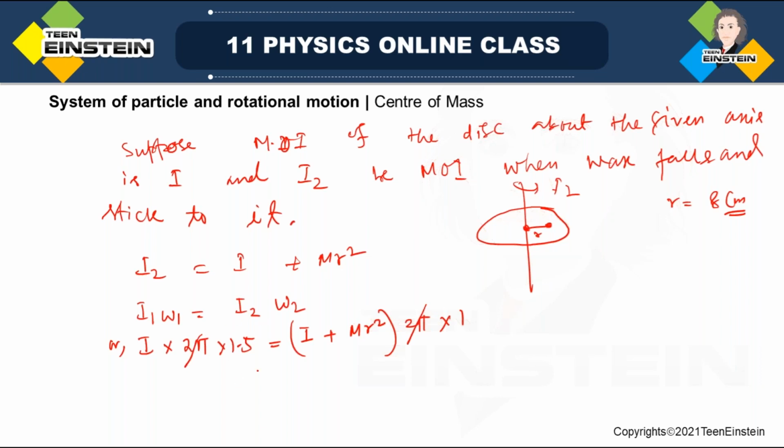Now if we simplify, what we get: it is 1.5 minus 1, so 0.5 I is equal to m r square, m into r square.